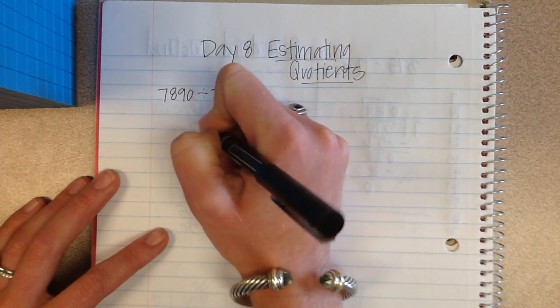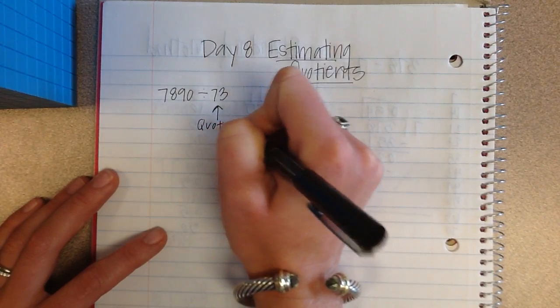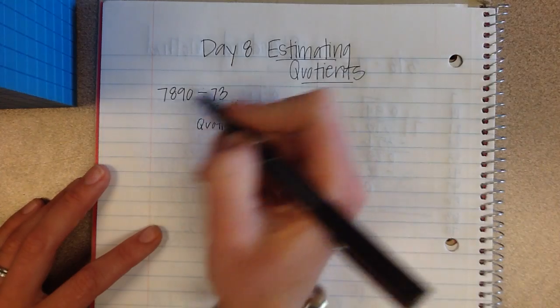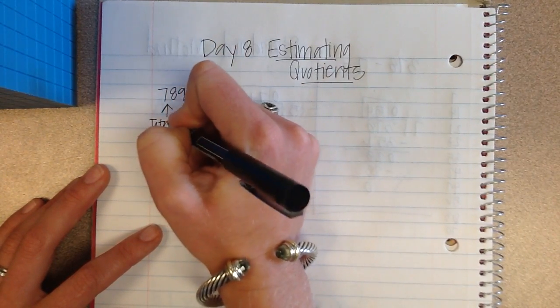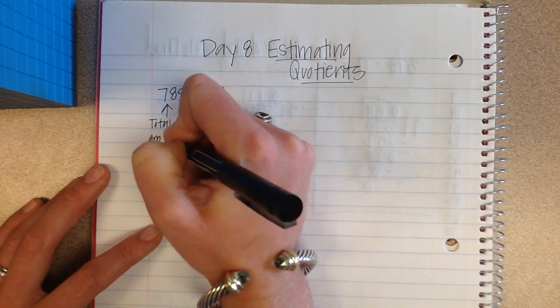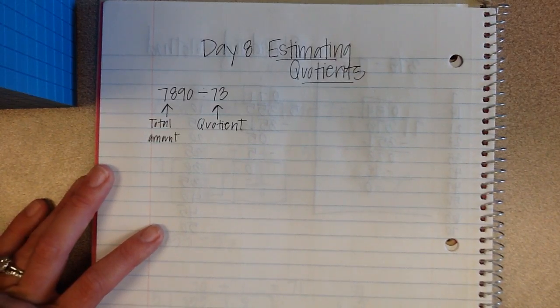This is what your quotient is. This is your total amount. So we're going to be estimating the quotient.